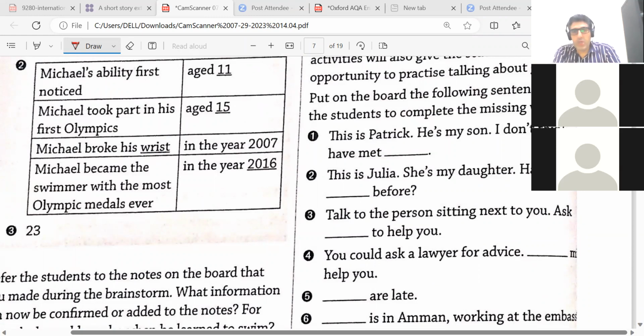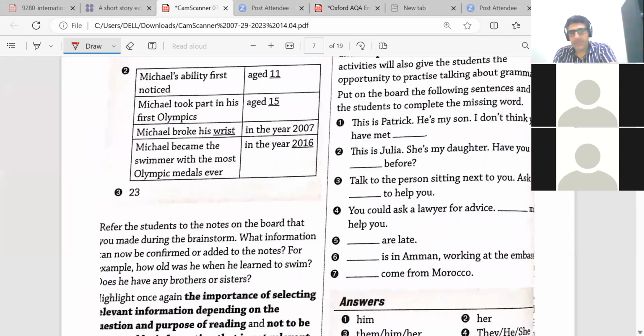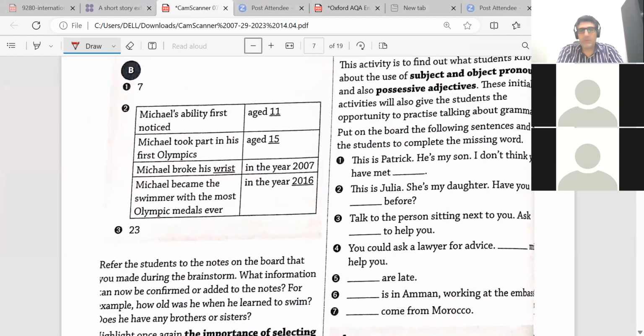I don't think you have met complete. Quickly, you have 2 minutes to finish. Please complete the statements from 1 to 7. Yes, go ahead. Please write the correct pronouns in your notebook.